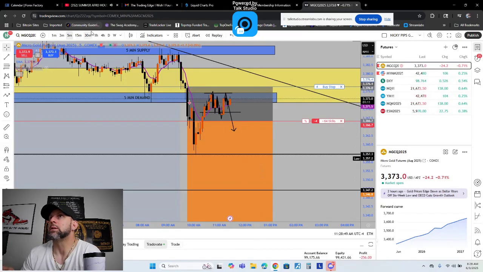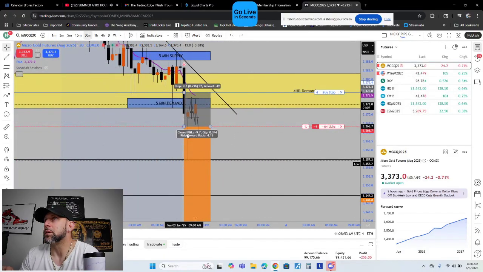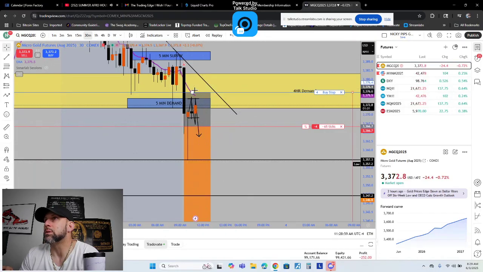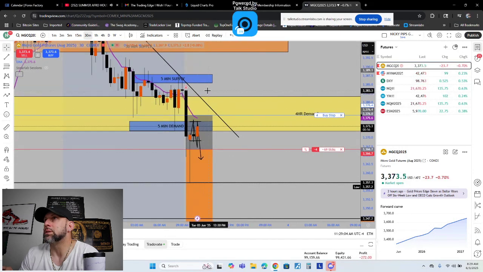We'll see what it looks like on the 30 minute. On the 30 minute, we can see here we had a huge rejection, and then a little doji here, and then of course a push up. So price could push up into this area right here, 33.83.